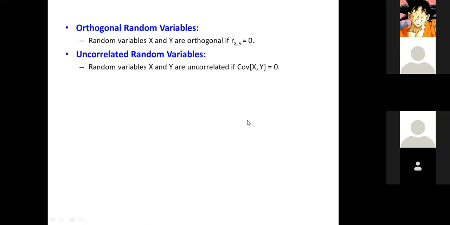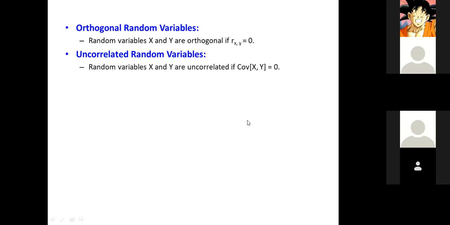If the correlation equals 0, it means they are orthogonal. When the covariance equals 0, they are uncorrelated. Very important things to remember.